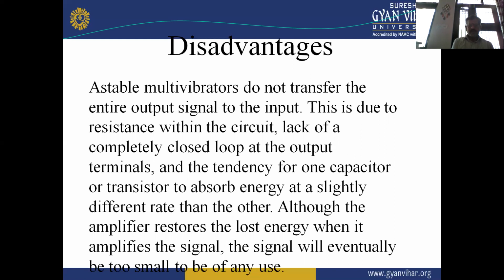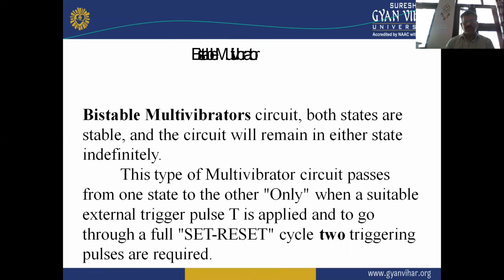Although the amplifier restores the lost energy when it amplifies the signals, the signal will eventually be too small to be of any use. So these are some disadvantages of the astable multivibrator.